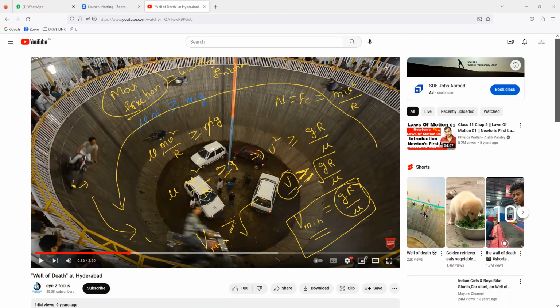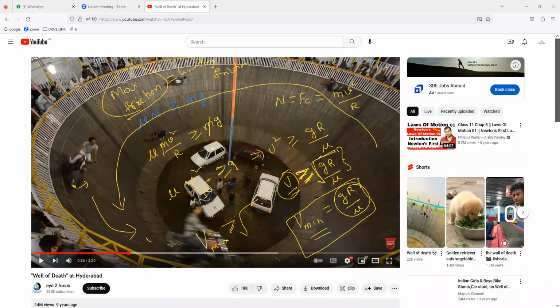But if you want to do the stunts and all, then it has to be maintained. Always remember, if he wants to revolve around that, velocity must be greater than or equal to root over g into r divided by μ. So that is the death well.